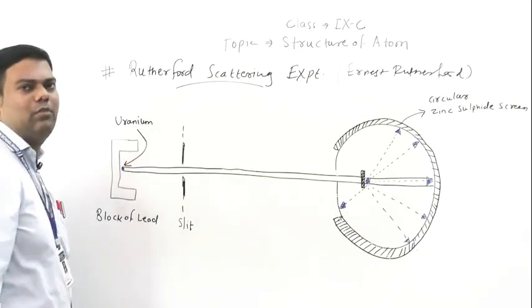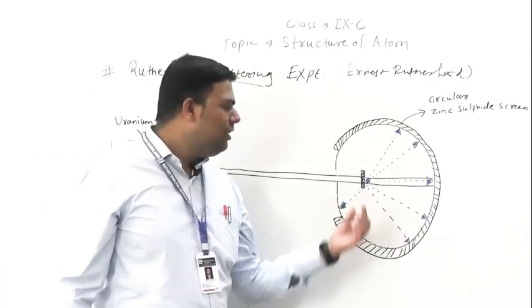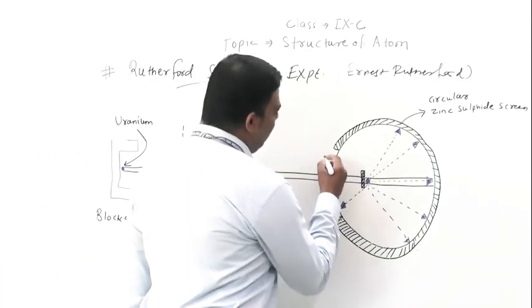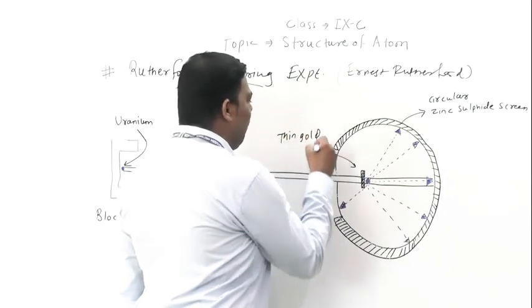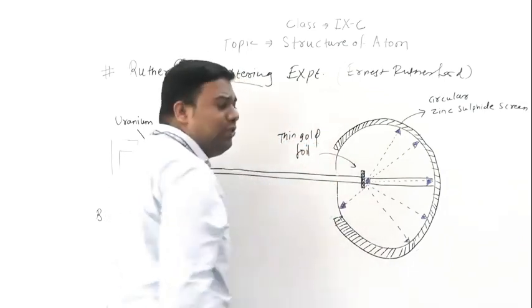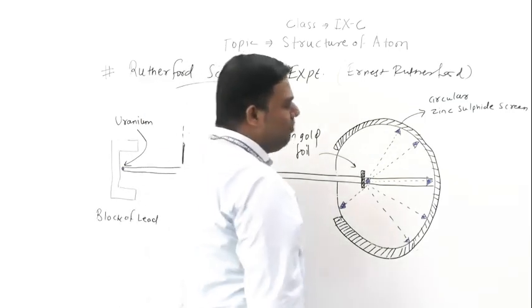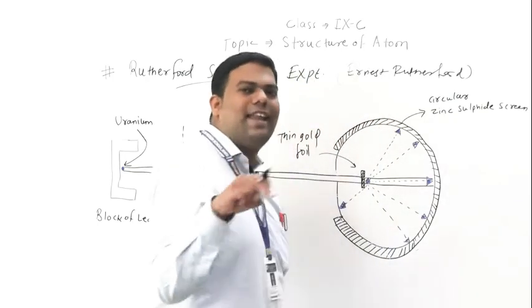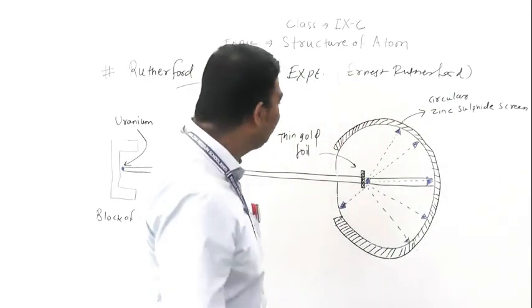He bombarded these alpha particles on a thin gold foil. As you know, gold is a metal, and in a metal the atoms are closely packed. So what will happen?